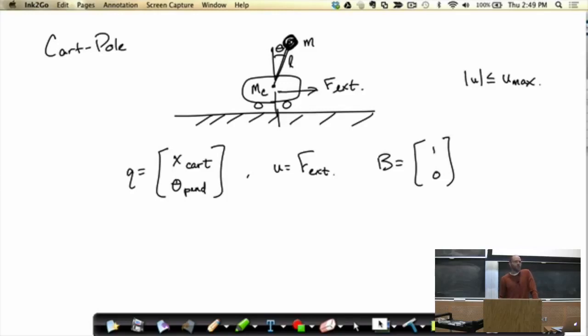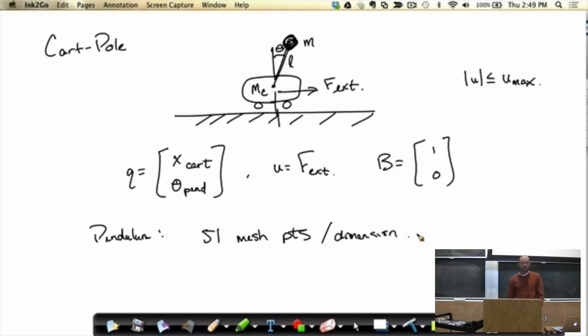So if you're willing to discretize the 4-dimensional state space now, right? So for my pendulum implementation that I showed you, we had 51 mesh points per dimension. If I went to do this on the cart pole with the same resolution, I've got 51 to the 4th mesh points.